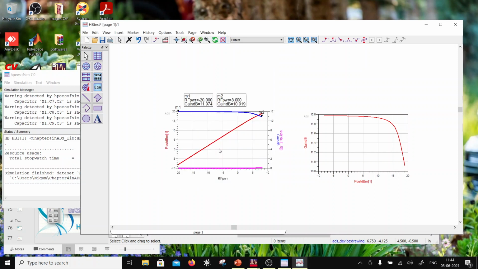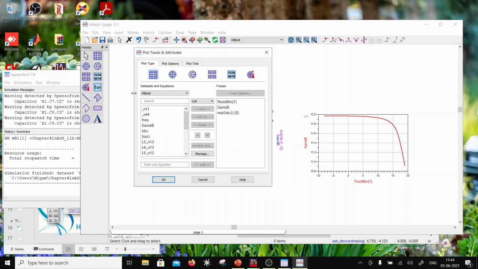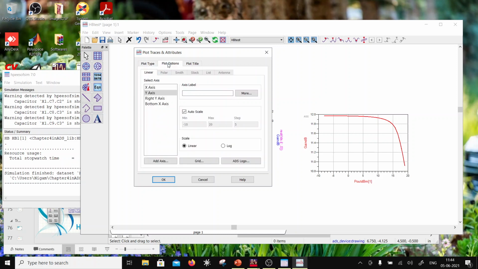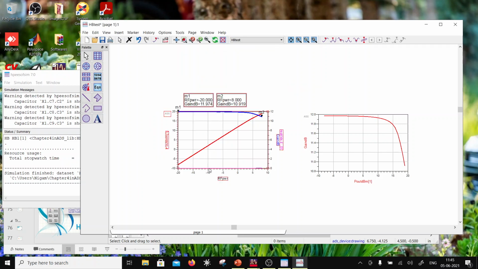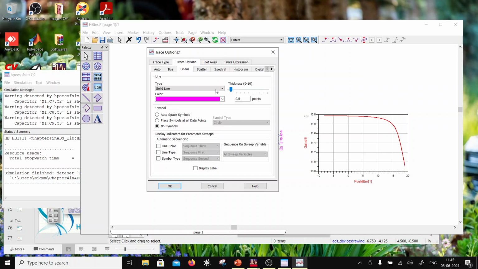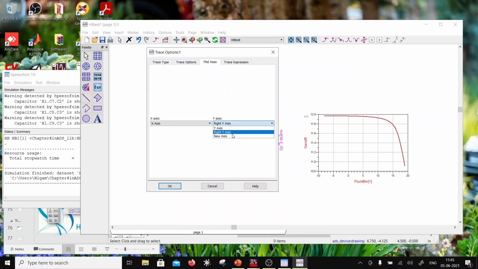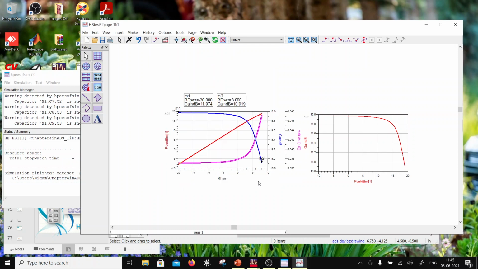I can insert a new right hand side axis. Plot option, right axis, add right axis, call it new axis. It's okay. Then I can go here, plot versus new axis.